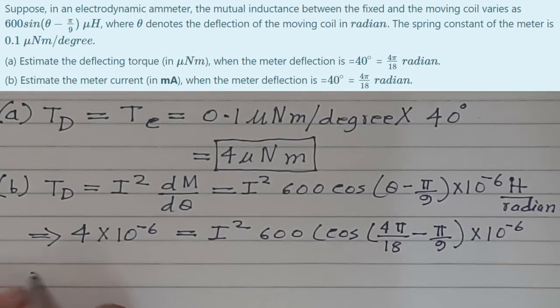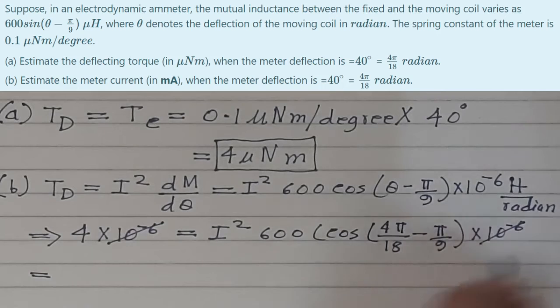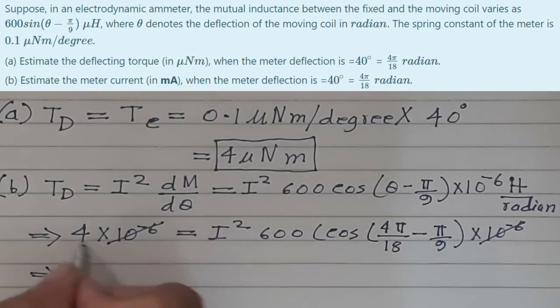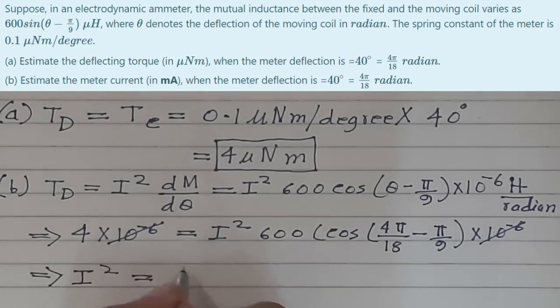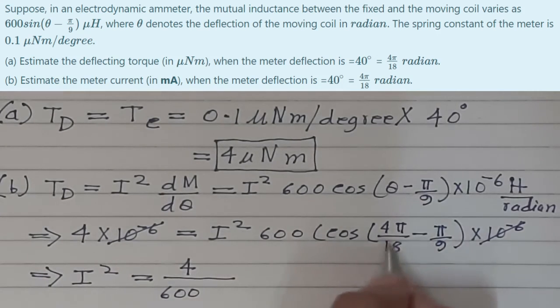10 to the power minus 6 cancels from both the sides, and from here we can write I squared should be equal to 4 divided by 600 cos(2 pi by 18 radian), that means 20 degree.